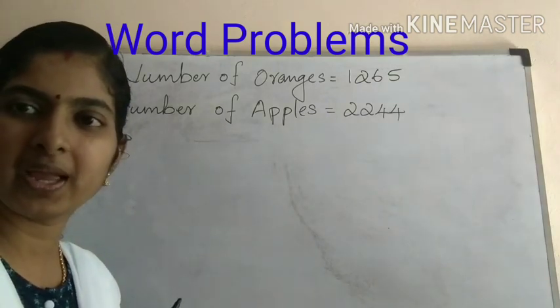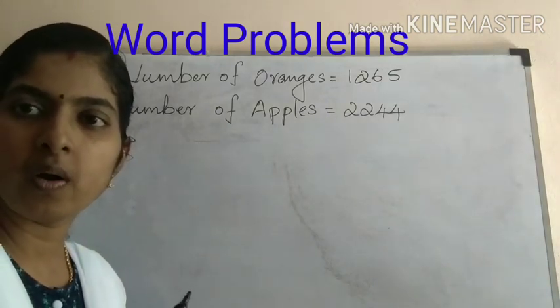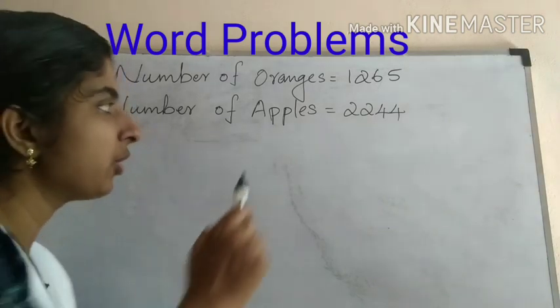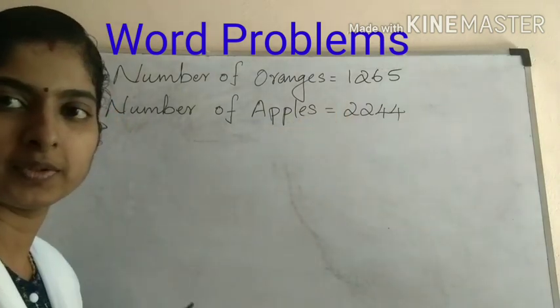What is question number A? Total number of oranges and apples. Here total means addition. So we have to add these two numbers.